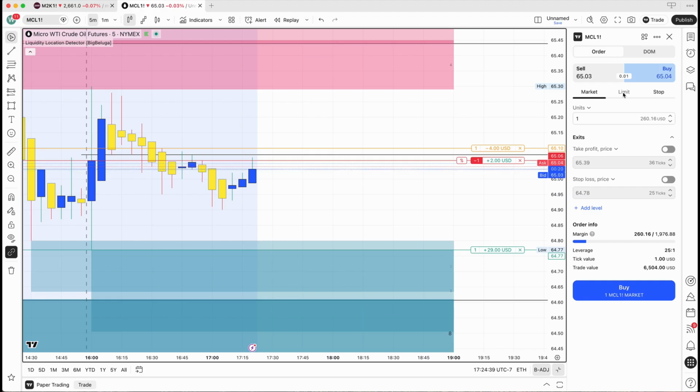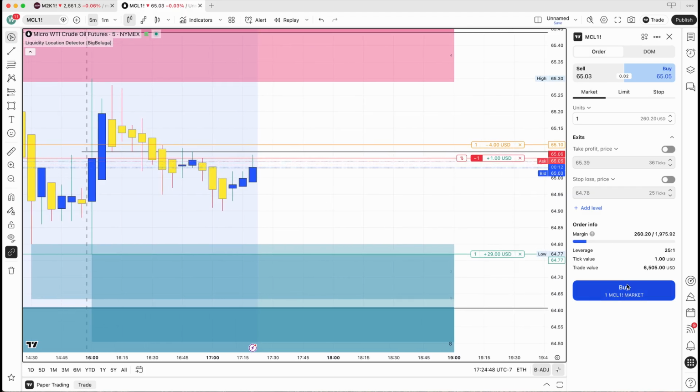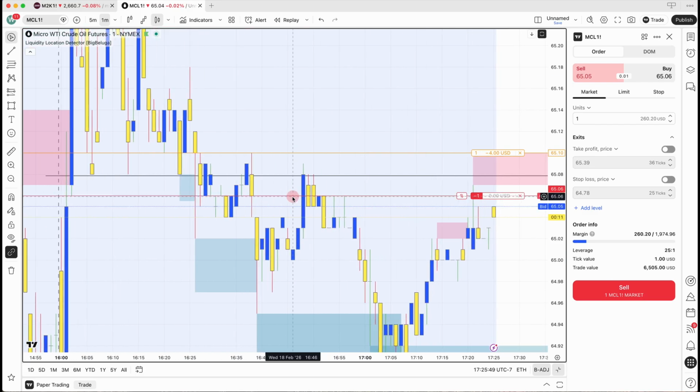I trade the market, and I simply choose a buy or a sell. In this situation, I did a sell. So I sold when price got right there. When that bar closed below my range line, I took a trade.